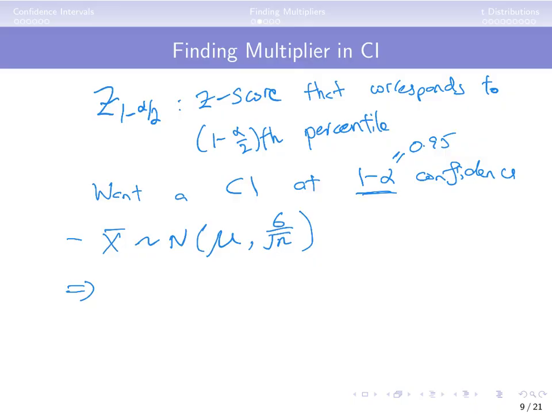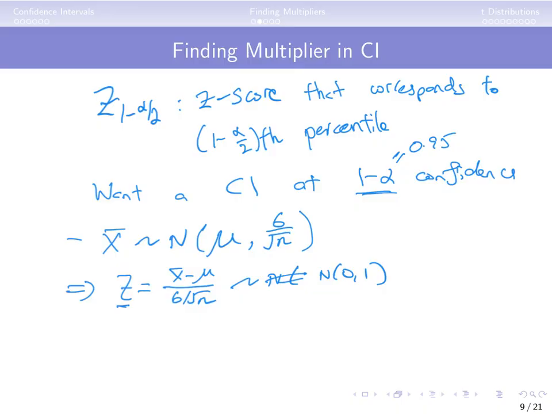The other fact is that any normal distribution can be standardized. If we subtract the mean and divide by the standard deviation, which in this case is sigma over square root n, these z scores will follow a standard normal distribution, mean 0, standard deviation 1.